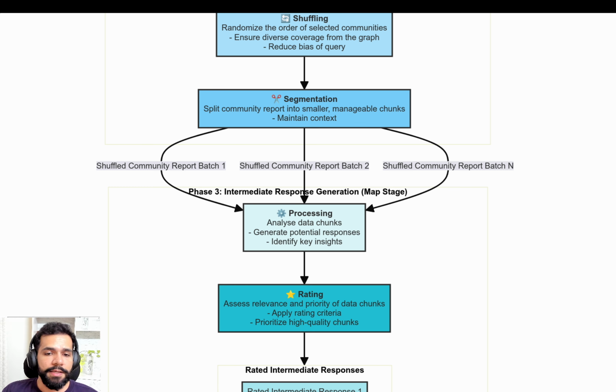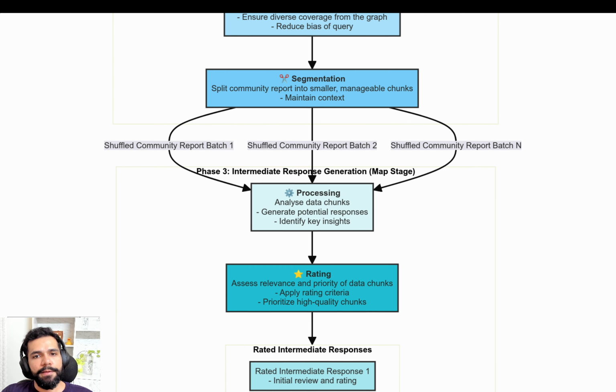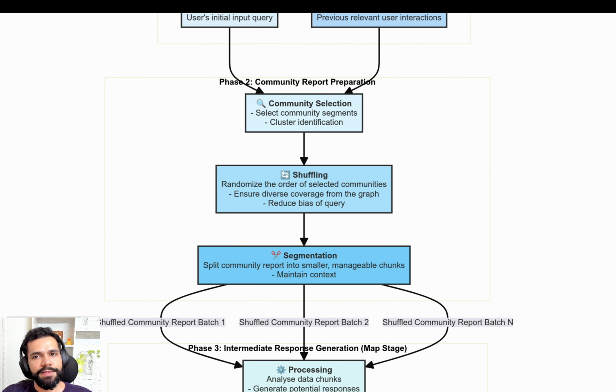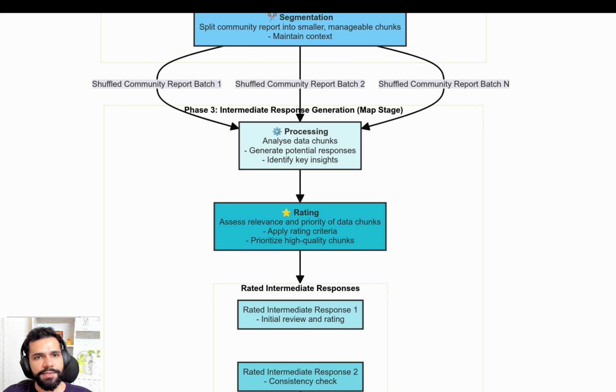We generate community reports and intermediate responses. These shuffled community reports go in and get processed, which are essentially, at the end of the day, data chunks. We generate some potential responses. Let's say we generate n responses coming out of each community, and we give each a rating.